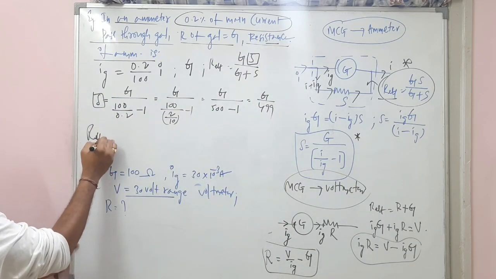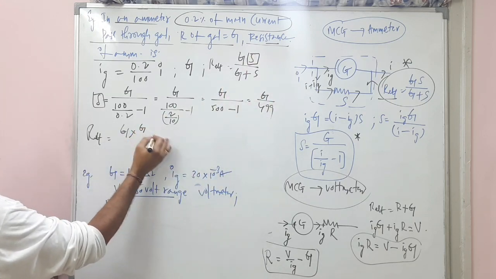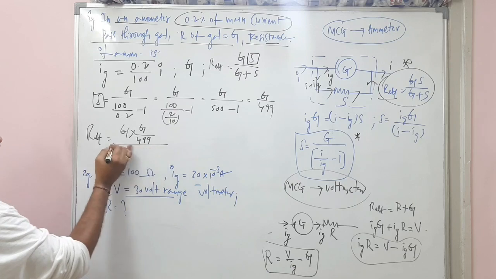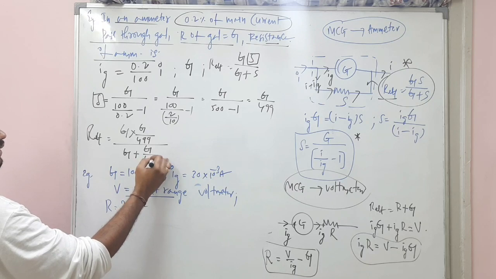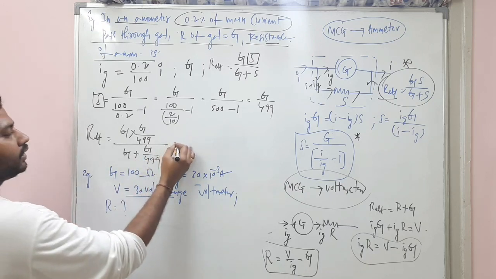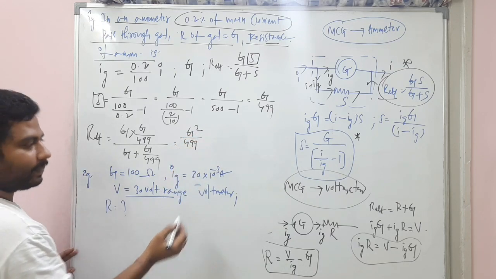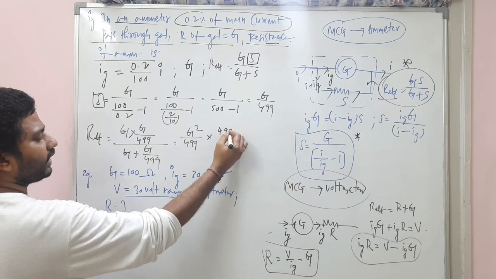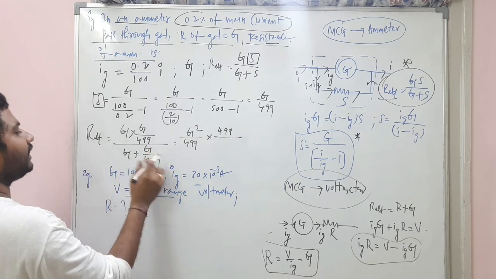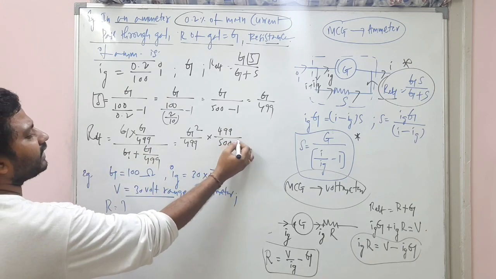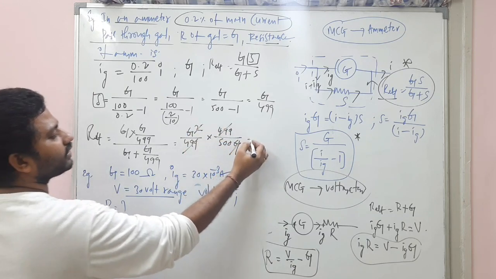R effective is equal to G into the shunt resistance we have got, G by 499, divided by G plus S. G plus S is again G by 499 plus G. So this is G square divided by 499 into 500 G by 499. 499 cancels and G cancels, and what is the answer?